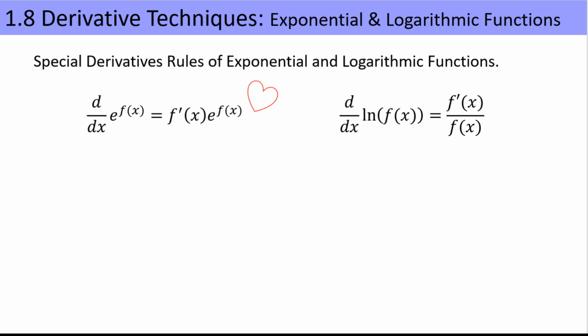And the derivative of the natural log of f of x is equal to the derivative of the argument, that is f prime of x, divided by f of x. This is also something you need to know by heart. The process used here is called the chain rule.